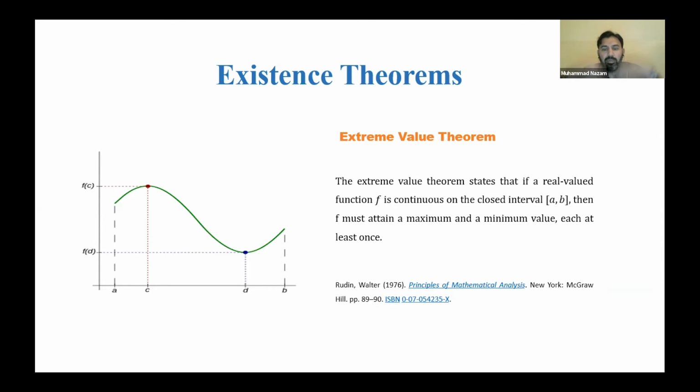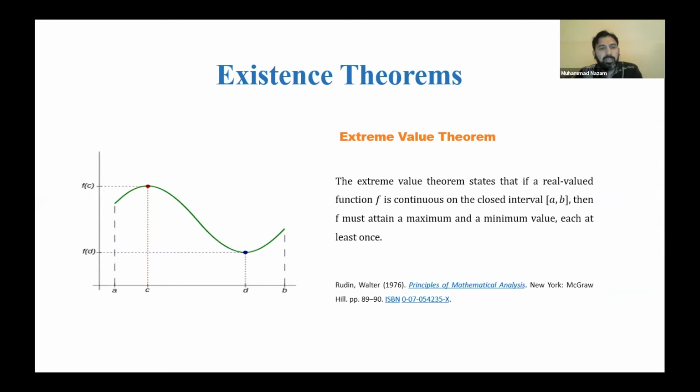So this is also giving us the existence theorem. Look at its graph. If we have a closed interval [a, b] and the function is continuous, look at that, the graph runs smoothly.